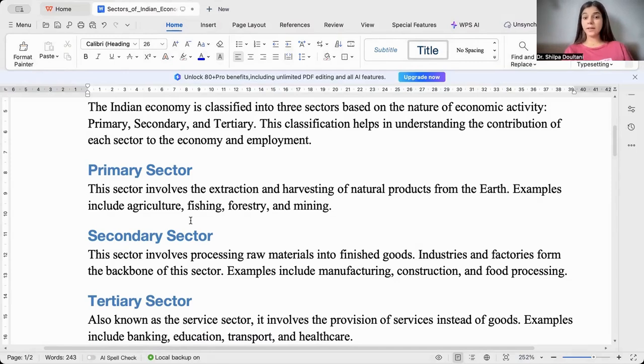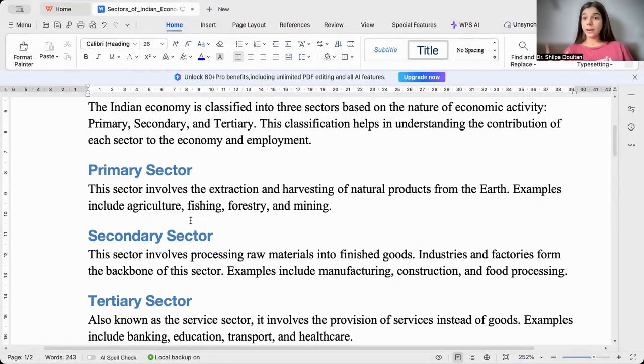Coming to the secondary sector. Now this sector goes slightly beyond directly coming in contact with the natural product, because it is processing it. This sector involves processing raw materials into finished goods. Whatever we get directly from the earth, we need to process in some industries, some factories. That is the job of the secondary sector. You can include all the manufacturing units and food processing units in the secondary sector.